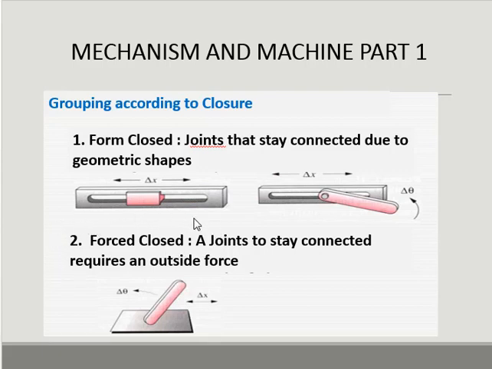For this joint to stay connected, it must require an outside force like this. This motion has x-axis motion and rotation. They need outside force to connect between the parts.